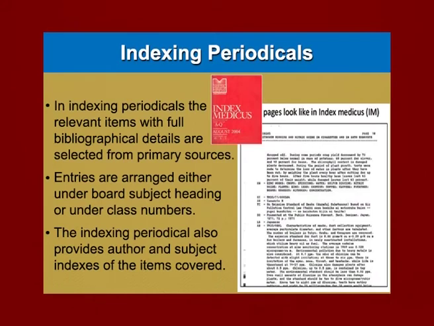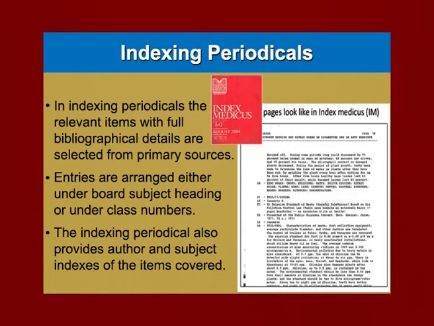Indexing and abstracting periodicals: if we are studying, the indexing periodical best known is Index Medicus, which is a periodical. This basically provides you the relevant items with full bibliographical details, selected from primary sources. Entries are arranged alphabetically with some subject heading and some class number.